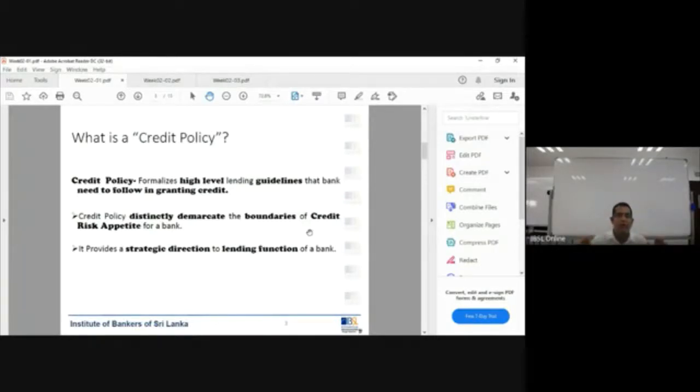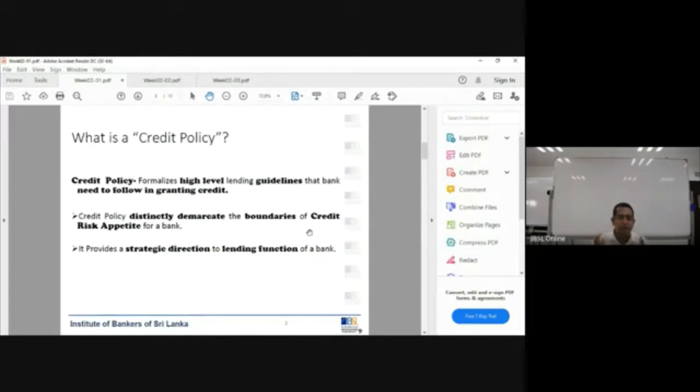It will show us the broader risk appetite of the bank. Do we have a high risk appetite, or are we very conservative? We spoke about 3 credit cultures: value-driven culture, then current profit-driven culture, and the market share-driven culture.